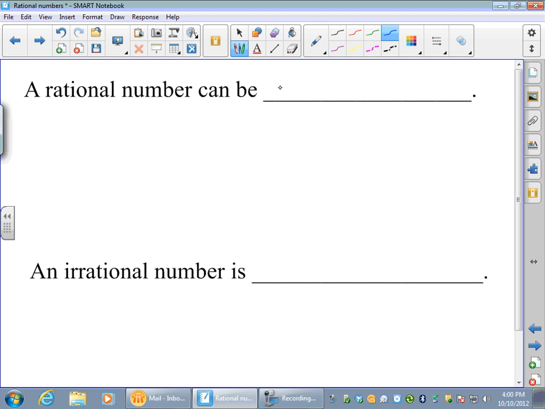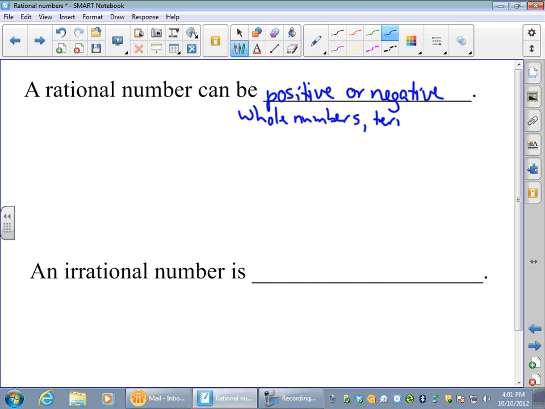So a rational number can be positive or negative. Whole numbers, terminating decimals, or repeating decimals.